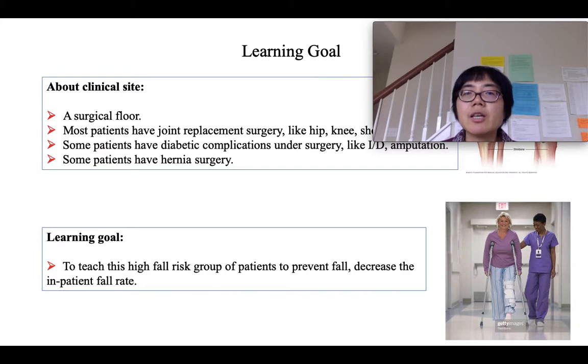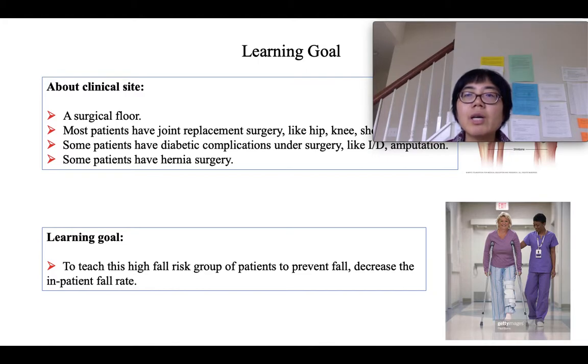Some patients come here because of diabetic complications. They need surgery like I&D, toe amputation, or below the knee amputation, etc. A small part of patients come here because they have hernia. They need to fix it, like a ventral hernia.